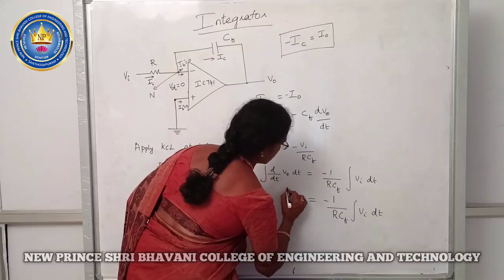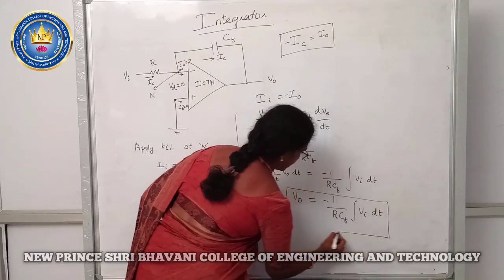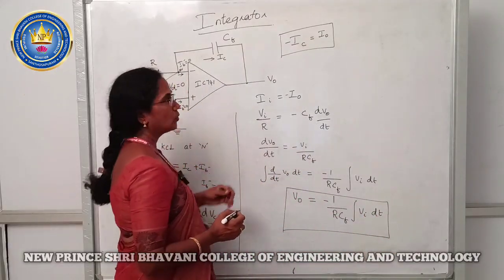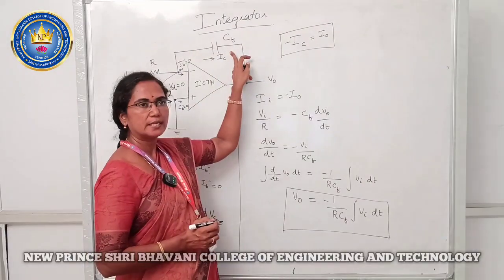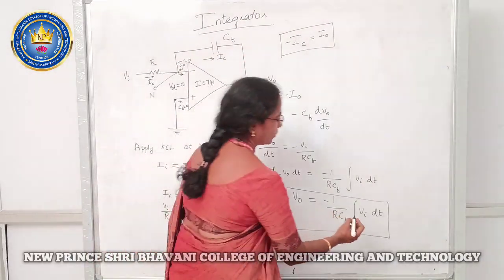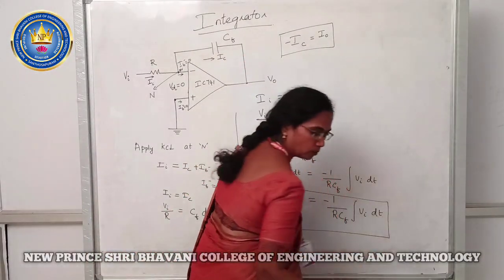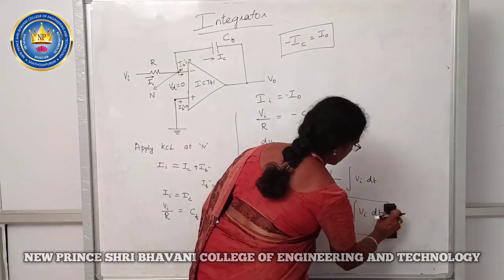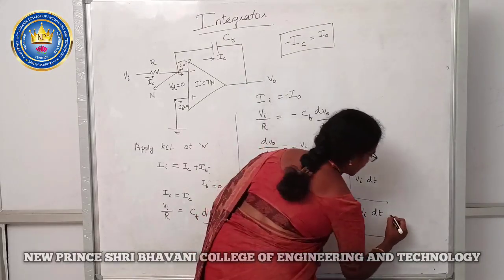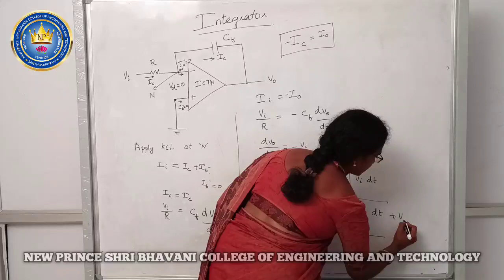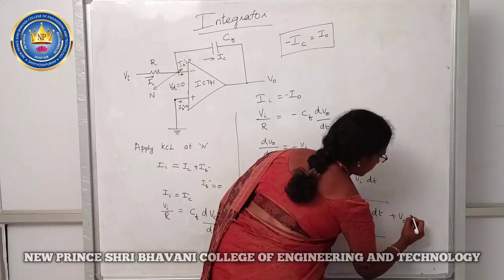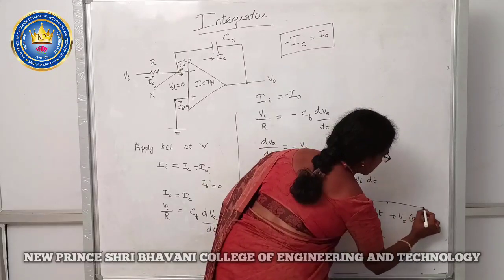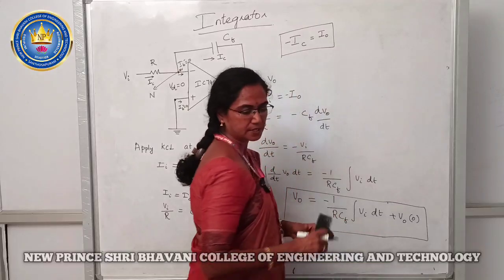So, this is the output equation for the integrator circuit if the voltage across the capacitor initially is 0. If there is some voltage at the capacitor, we have to include VO at time equal to 0.